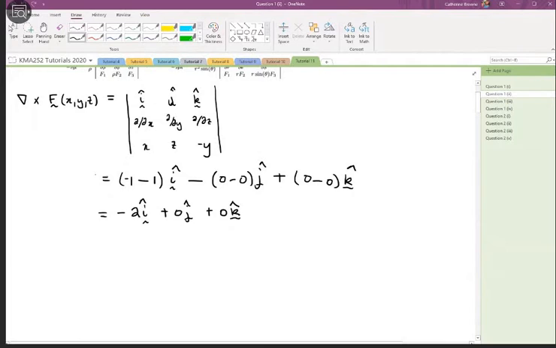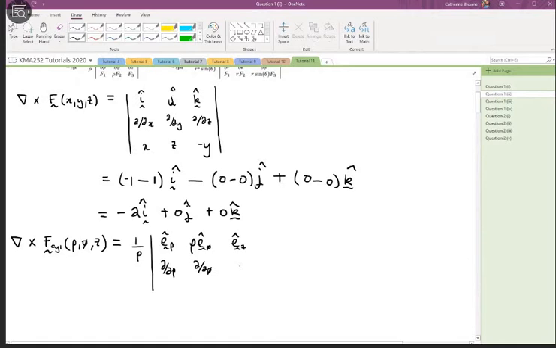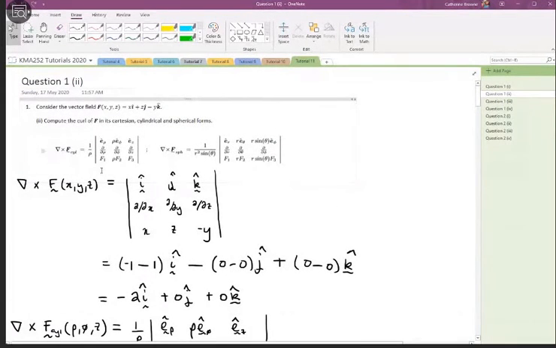And then in cylindrical coordinates, it's F1, rho F2, F3.